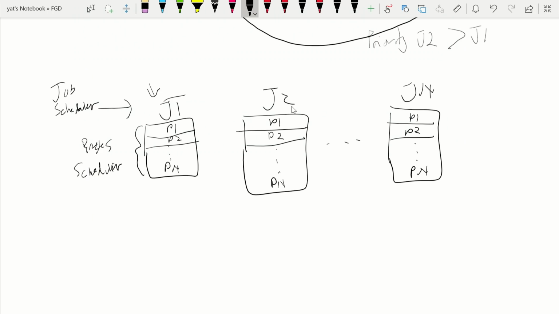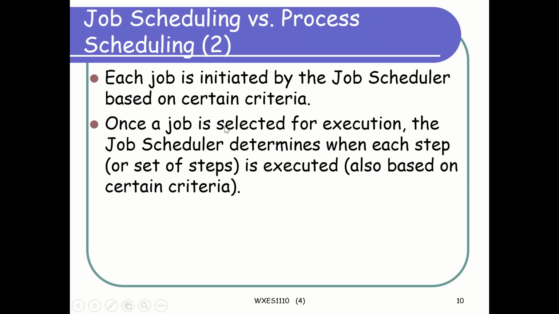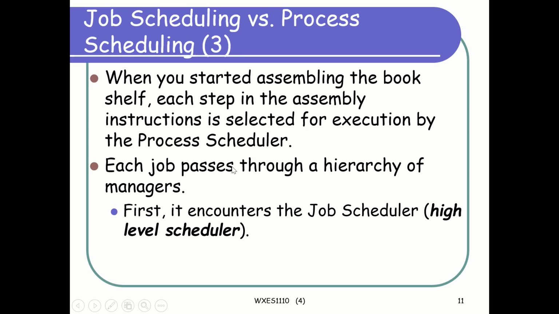The job scheduler will initiate all the jobs and manage which job has more priority than the others. Once a job is selected for execution, the job scheduler determines when each step or set of steps is executed. It is also based on certain criteria.